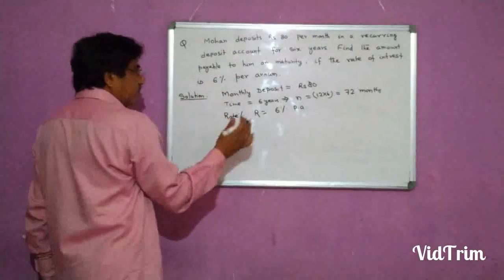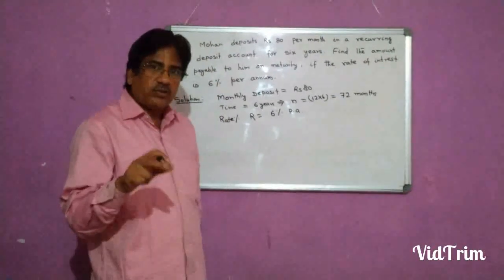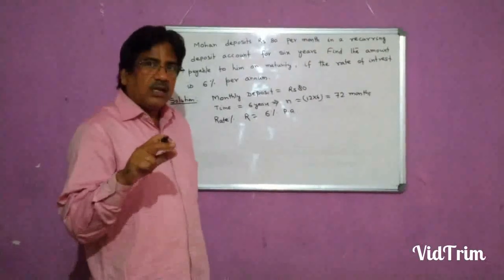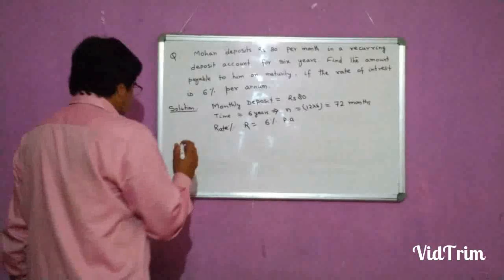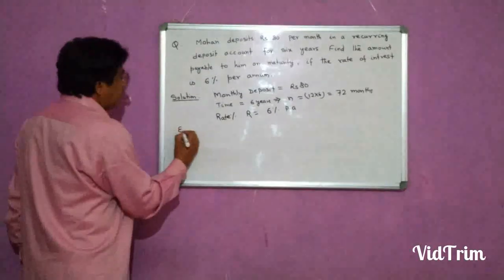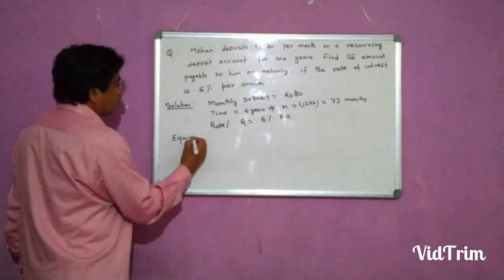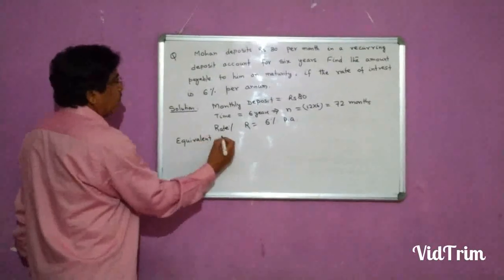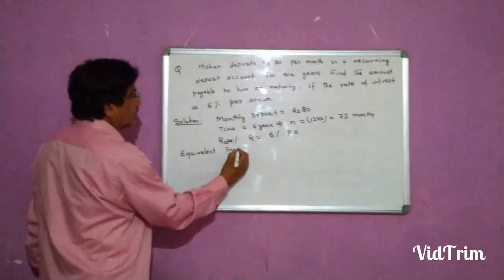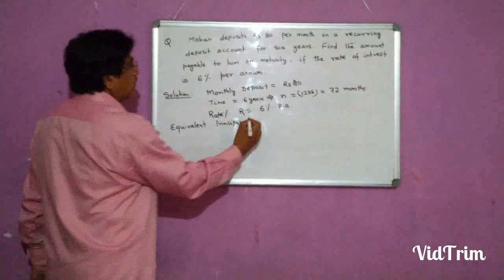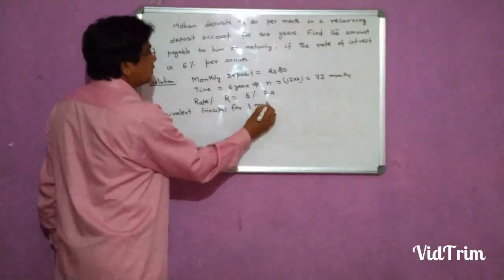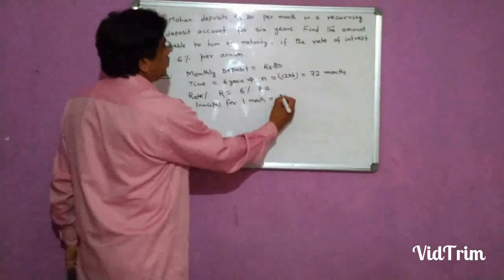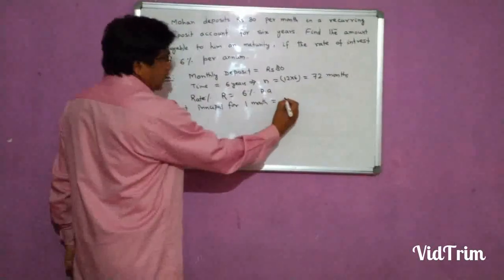So first step, what I told you earlier, is that you have to find the equivalent principal for 1 month. Equivalent principal for 1 month is equal to, use the formula, monthly deposit.